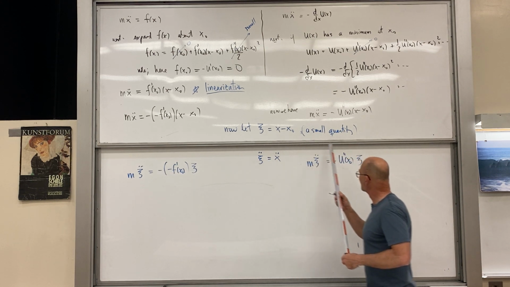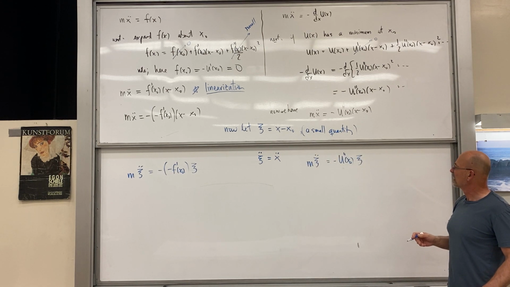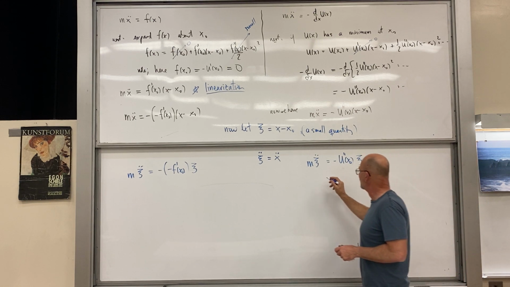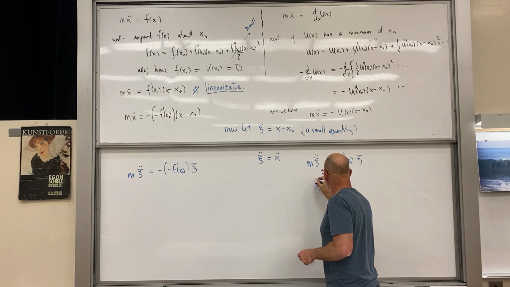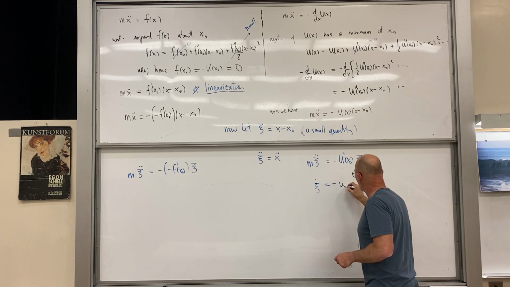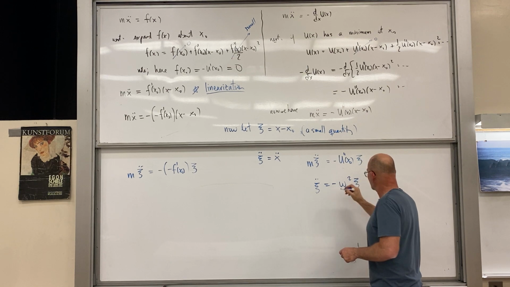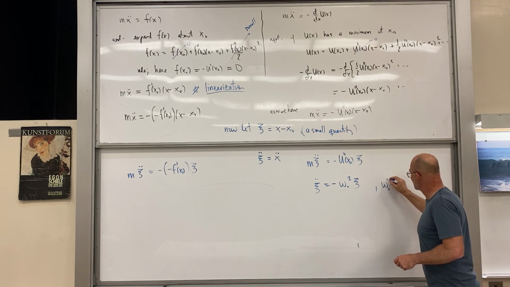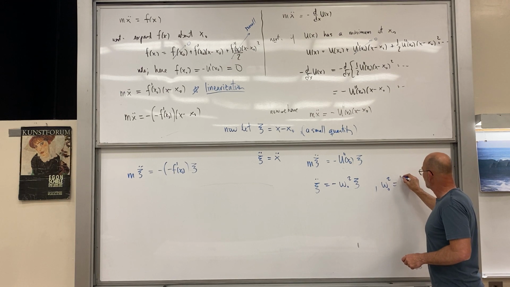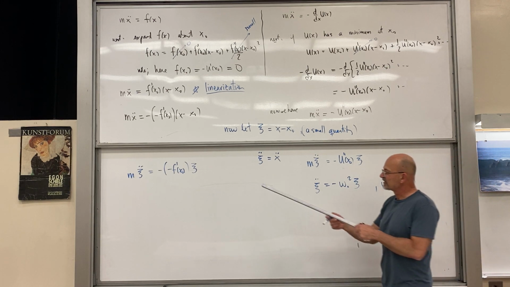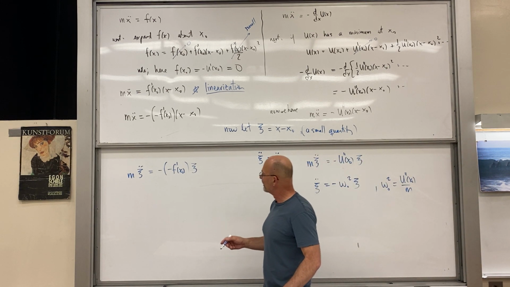Okay, that's the identity between those two. And of course, this here, minus omega naught squared c, where omega naught squared is equal to u double prime of x0 divided by m. Okay. And the exact same thing holds true right here.